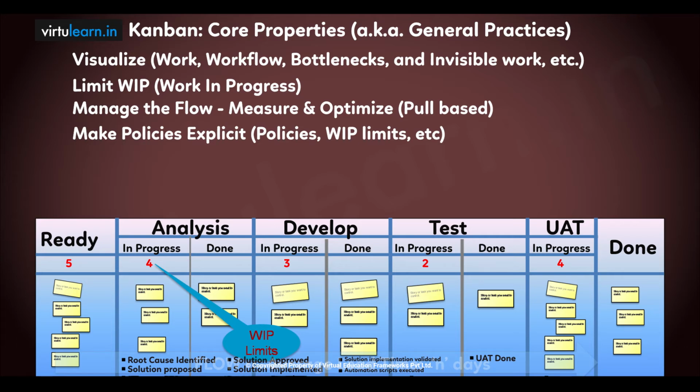Those are nothing but policies. There can be other policies too. Example, what will be my work in progress limit size for the entire Kanban or for each of the states in the flow of the work.